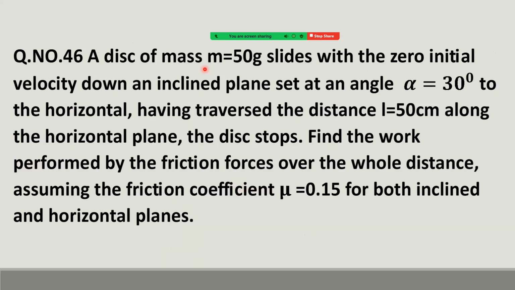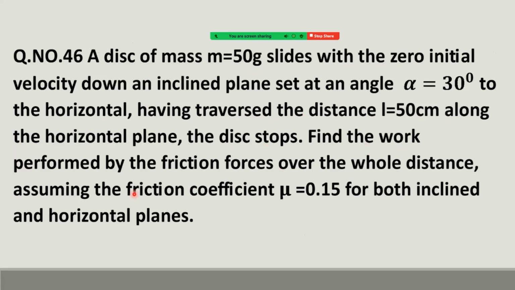A disk of mass m slides with zero initial velocity down an inclined plane set at an angle alpha to the horizontal. Having traversed the distance l along the horizontal plane, the disk stops.